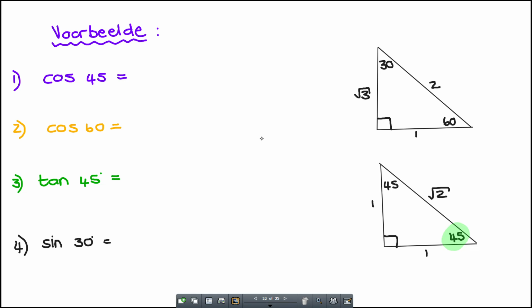So skryf daar vir my 1 op wortel 2. Okay, nou, as jy gou wil gaan, ek dink hy gee hom vir jou, as jy op jou sakrekenaar intik, cos 45 is gelyk aan, hy moenie skrik nie, doen hom gou miskien vir my.